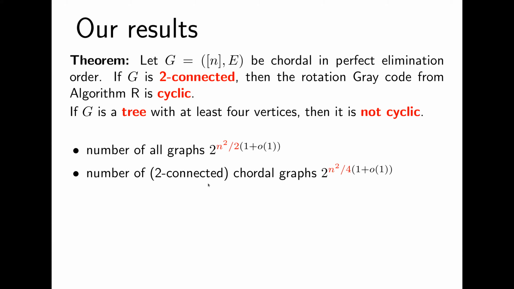And if you're interested in two-connected chordal graphs, it's the same number, however with different hidden terms. So now I leave it up to you whether this is a strong result or a weak result. Of course, it's weak in the sense that it doesn't cover everything, but it's maybe strong in the sense that it still covers some interesting cases.